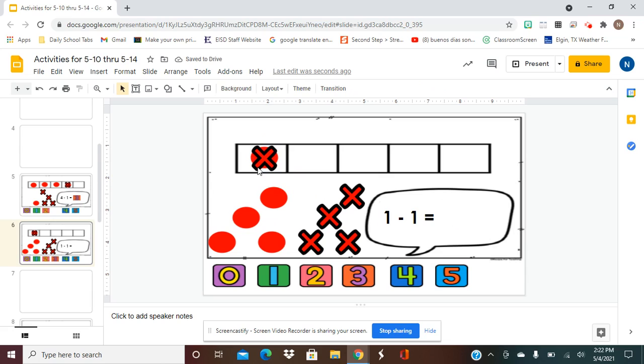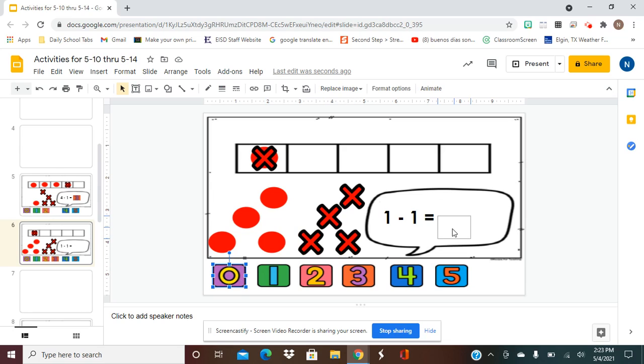Now how many dots do I have up here? This one doesn't count. So it looks like I have nothing, right? If I had 1 counter and then 1 was taken away, I have 0. Okay, I have nothing left. So which one is 0? It's going to be this one.